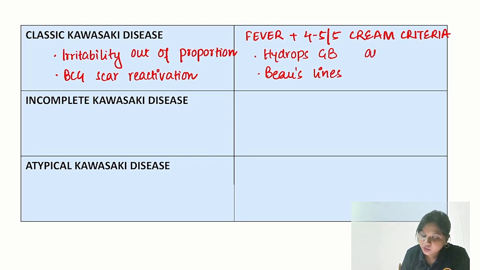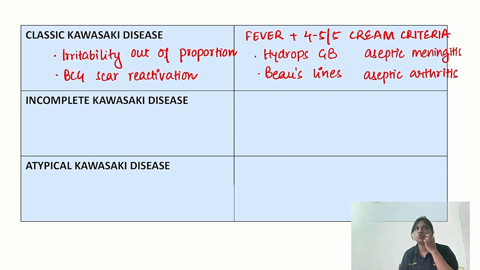And we can also get aseptic meningitis and aseptic arthritis. This too, it is a statement based question in 2021 November INICET. Aseptic meningitis and aseptic arthritis is found in classic Kawasaki disease.